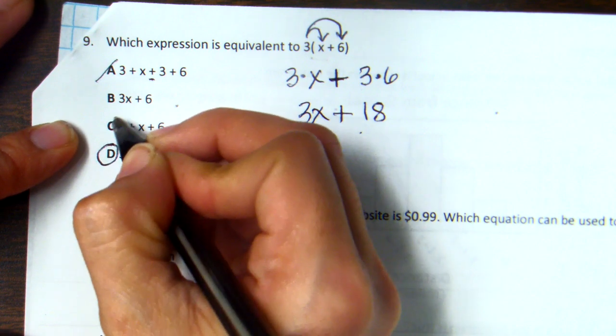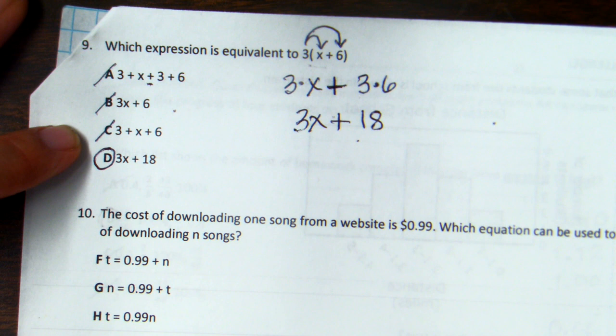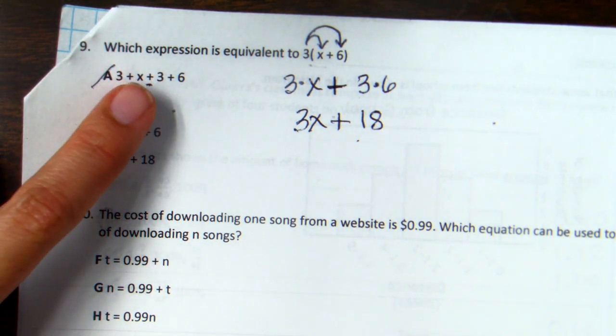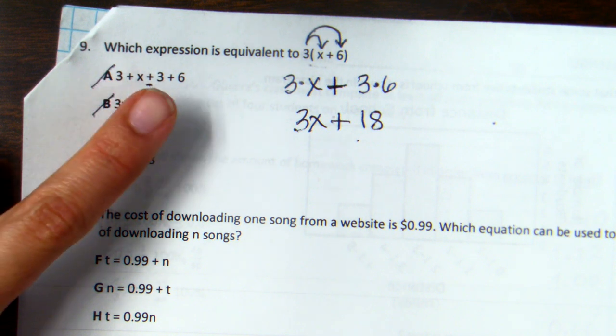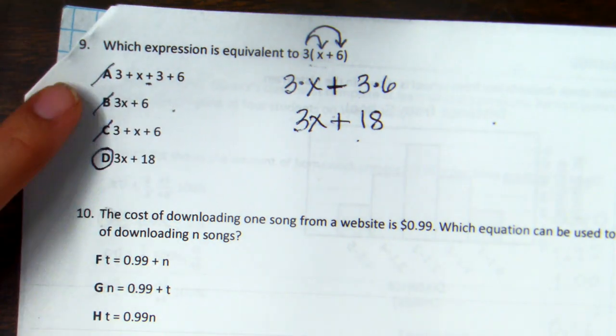Now I'm telling you, and I repeat this every day, if you don't remember the properties, if you don't understand the properties, you need to plug in a different, easy value, and then solve it using PEMDAS.